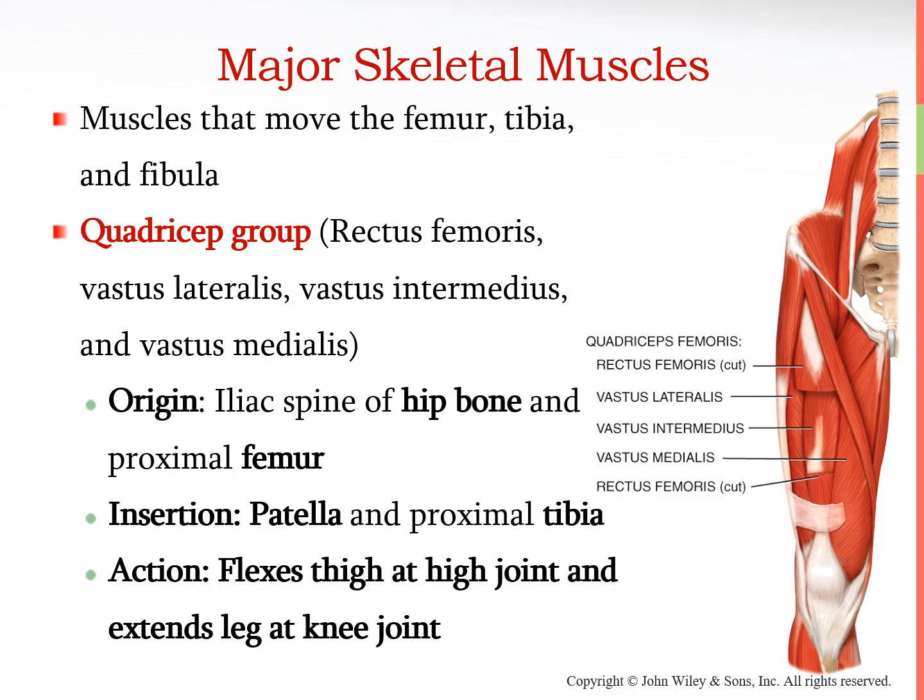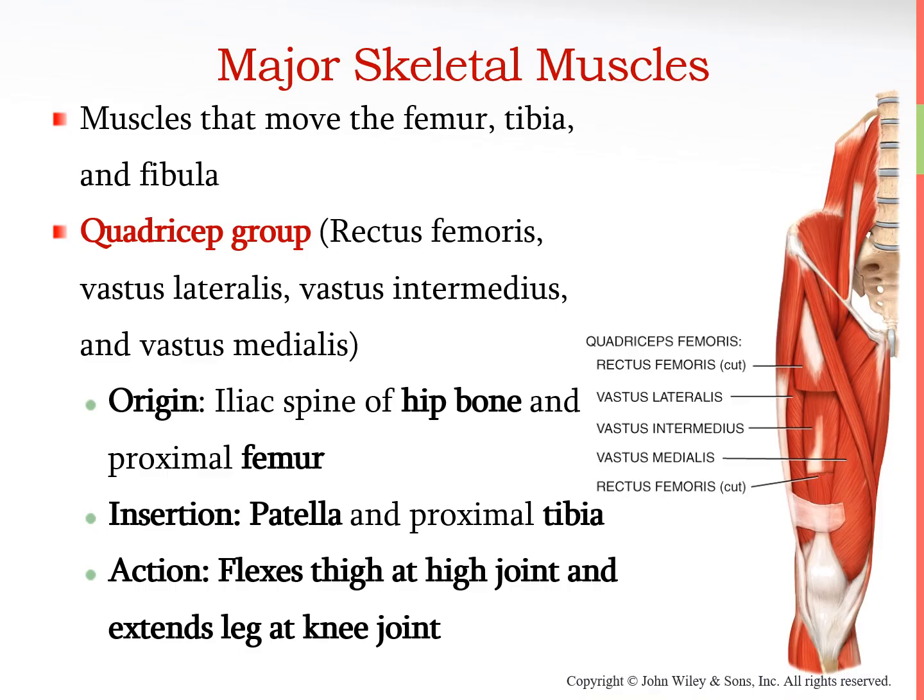The muscle group that covers the anterior surface of the thigh or femoral region is the quadriceps femoris group. And again, the four muscles that make up this group are the rectus femoris, the vastus lateralis, the deeper vastus intermedius, and the medial vastus medialis.